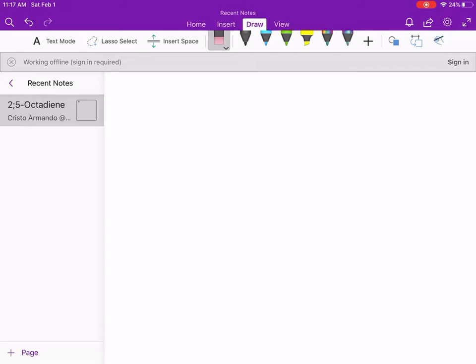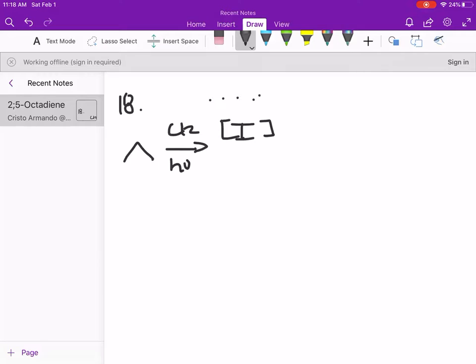In this mechanism, I'm going to try to draw it more carefully than I've done before, but we're going to have this propyl group, Cl2, and light. So we're going to have our 3 steps that we learned from lecture. And then the Cl2 we can just think of as looking something like this.